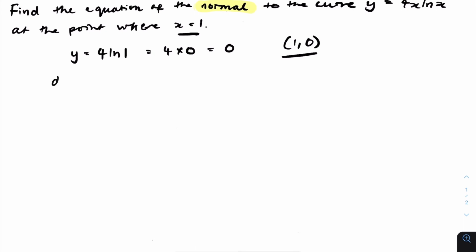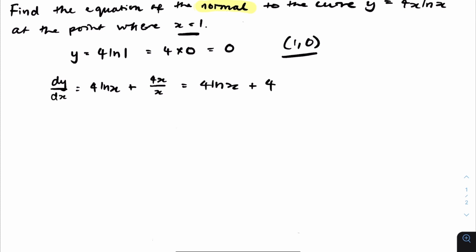Now we differentiate the function. So dy/dx, which if you remember is the notation for differentiation, is, and we can use the product rule. I'm not going to write the rule out again. So we first differentiate the 4x, which would give us 4, and then we multiply it by the ln x. And then we add it to the differentiated version of ln x times 4x, which is 4x over x, which can be seen as 4 ln x plus 4.